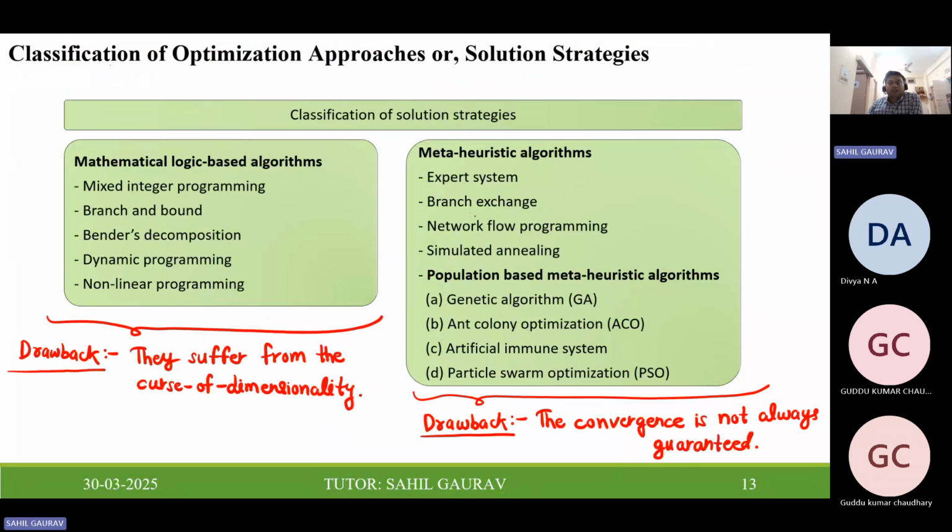Metaheuristic algorithms contain expert systems, branch exchange, network flow programming, and simulated annealing. Another set is population based metaheuristic algorithms, which contain genetic algorithm, ant colony optimization, artificial immune system, and particle swarm optimization. The drawback of metaheuristic algorithms is that convergence is not always guaranteed.